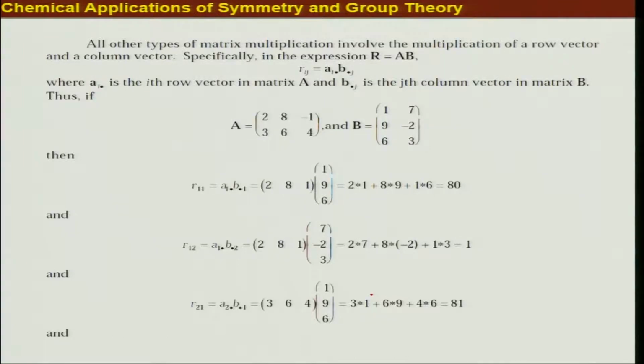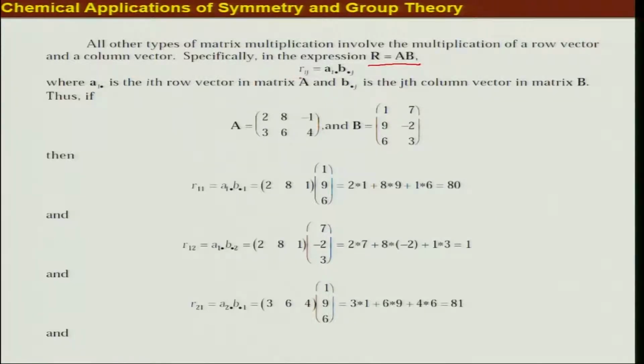Specifically, in the expression R equals AB, where A and B are two matrices and R is the resultant matrix of their multiplication, the small r, small a and small b represent the elements of those matrices R, A and B, which are written in capital letters and in bold font.